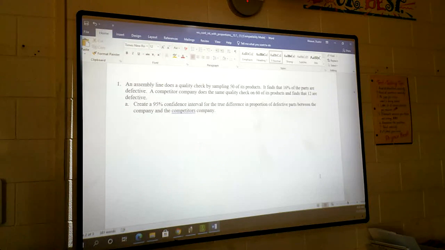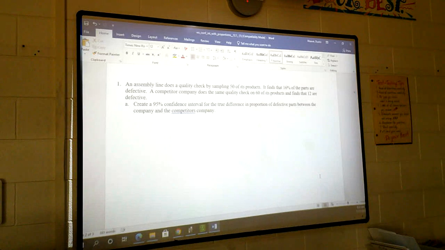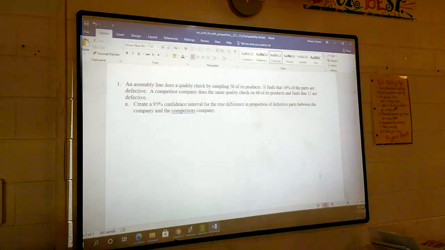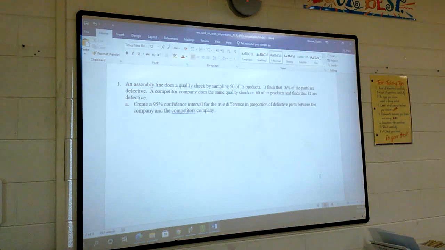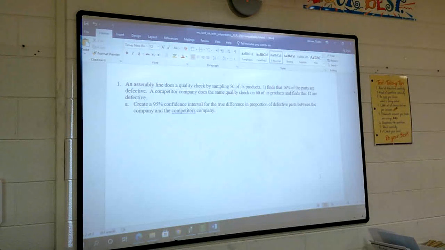So an assembly line does a quality check by sampling 50 of its products. It finds that 16% of the parts are defective. A competitor company does the same quality check on 60 of its products and finds that 12 are defective.